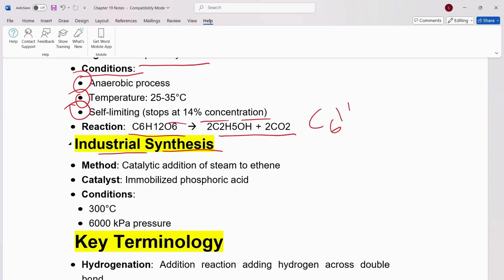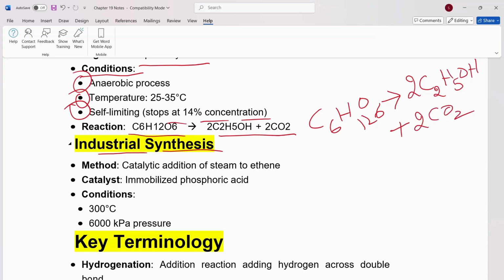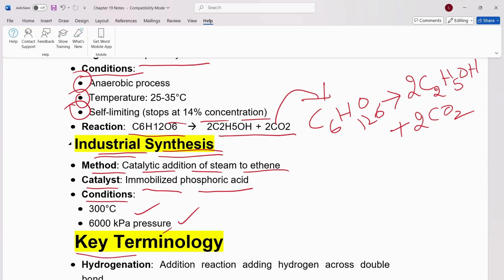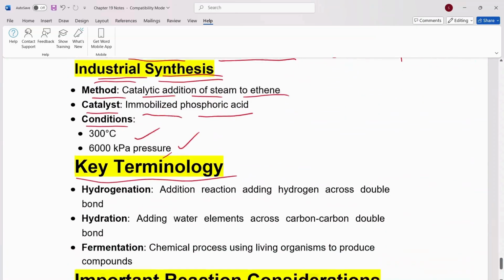This is C6H12O6 gives 2C2H5OH plus 2CO2 as a product. All right, let's talk about industrial synthesis. Method: catalytic addition of steam to ethene. Catalyst: immobilized phosphoric acid. Conditions: 300 degrees centigrade and 6000 should be the pressure.